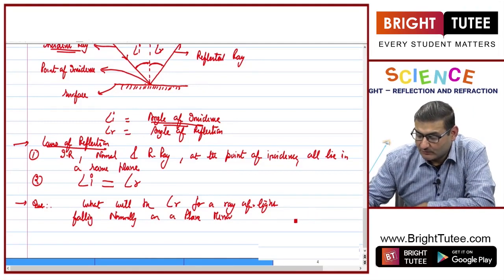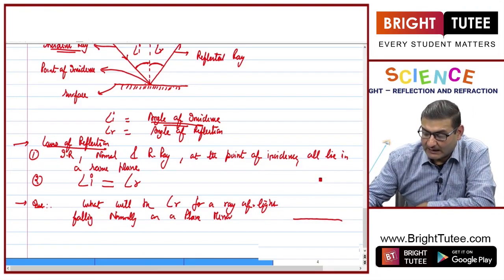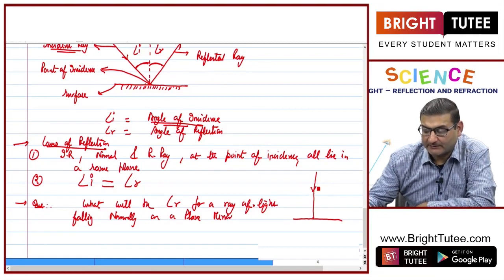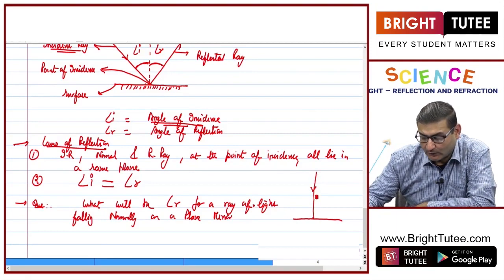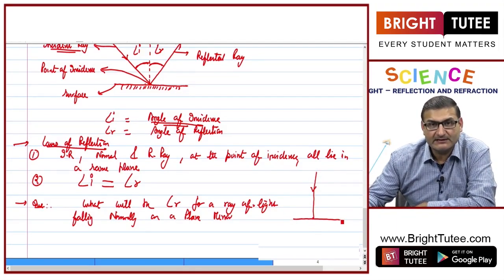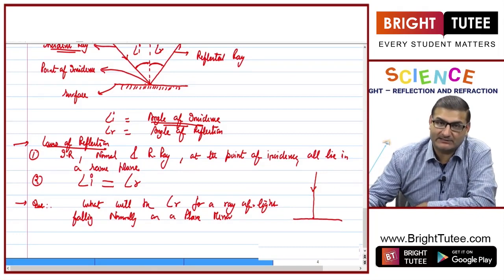Now this was a plane surface. There is a ray of light coming with the direction arrow we have shown. This ray of light is falling normally, meaning perpendicularly, on this surface. So what will be the angle of reflection?